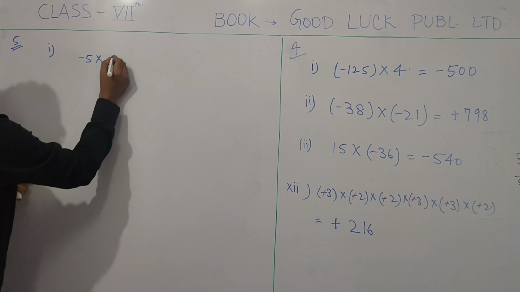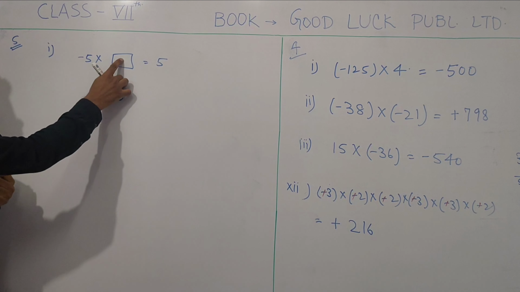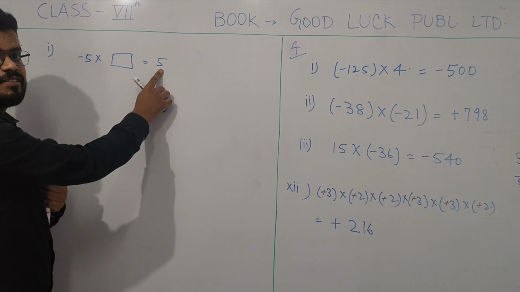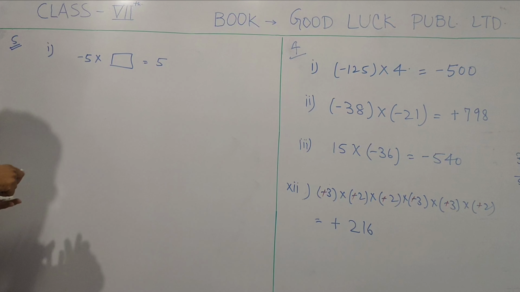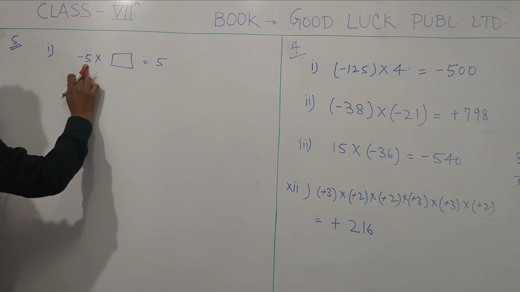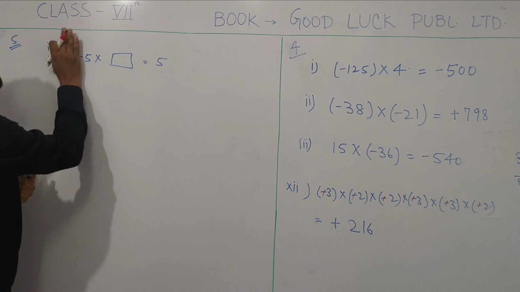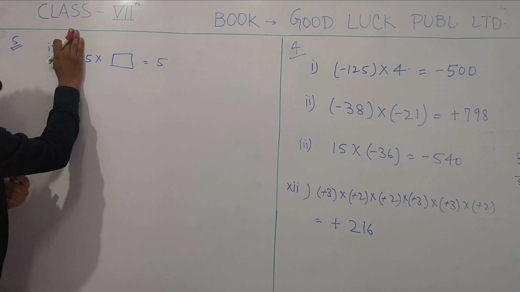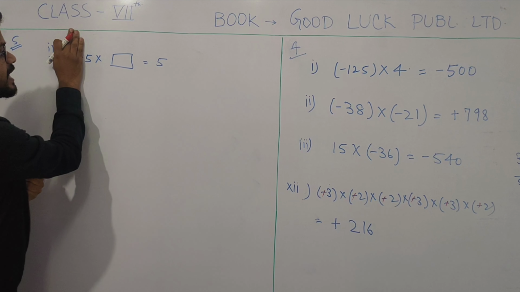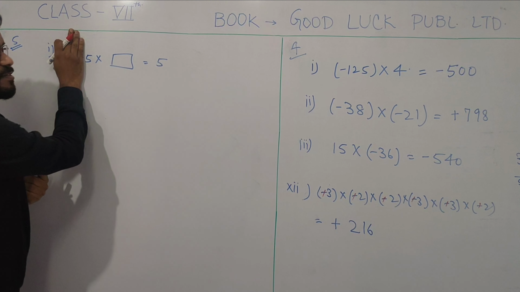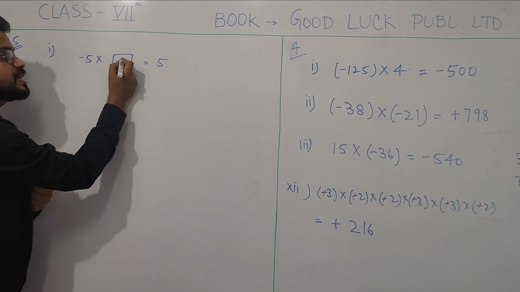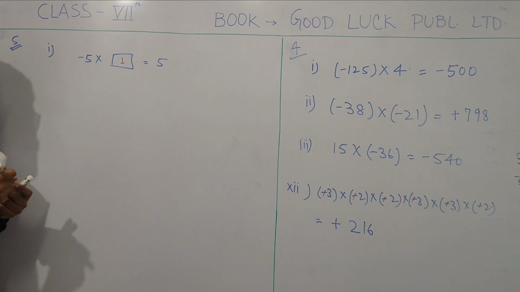Now, by which number should I multiply minus 5 to get 5? Sometimes we forget the minus sign, so in place of minus 5, I write here 5. If 5 is multiplied by which number, we get 5? So 5 is multiplied by 1, I get 5.